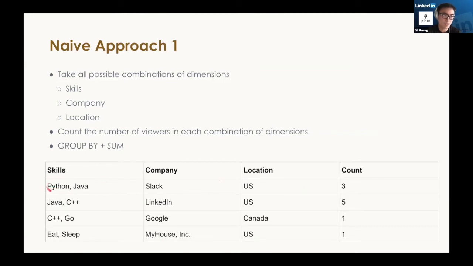So this row is a member that has skills Python and Java, works for Slack, and lives in the US, right? You'll have a row for each member. And how do you approximate this count? You will just do a simple filter and then a group by and sum, or a group by count, right? This is the very first naive approach.